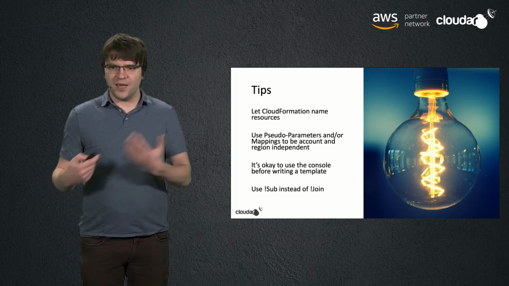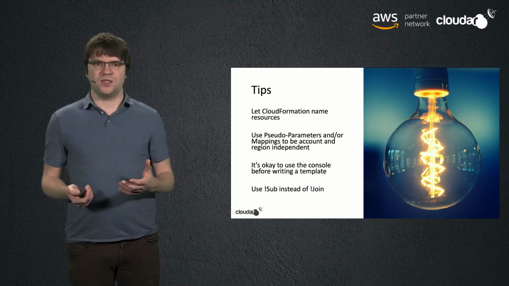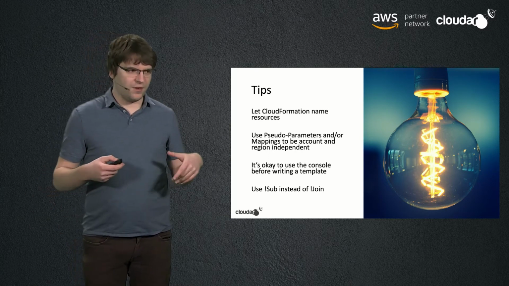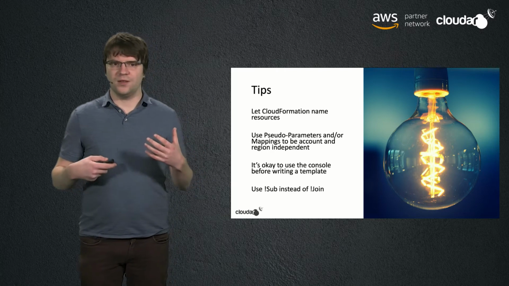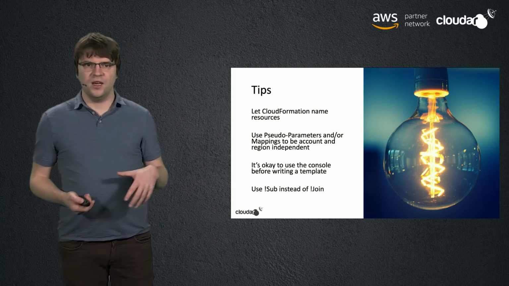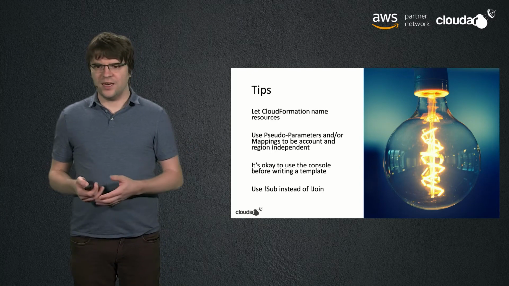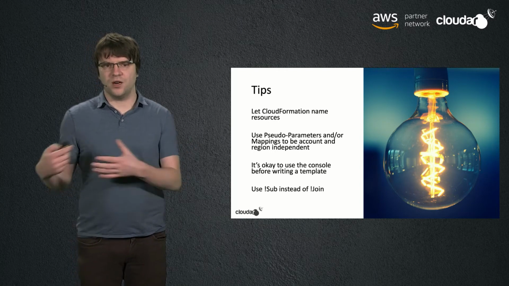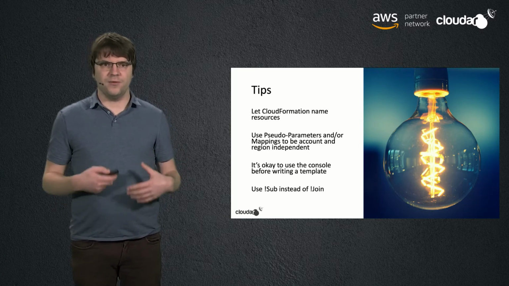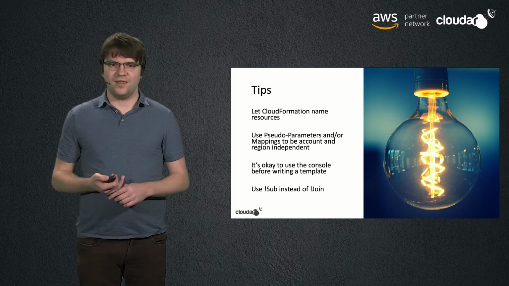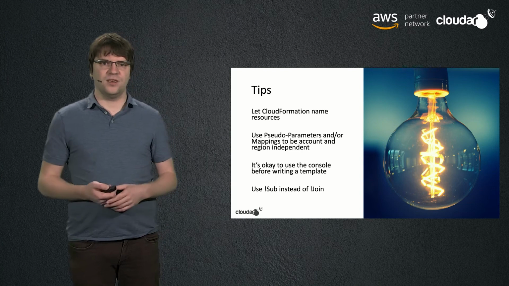If you don't pick names, then you don't run into those problems. And similarly, if you're trying to deploy things in multiple accounts and multiple regions, you can use CloudFormation pseudo parameters, which will allow you to get some of the values that you normally would hard code, or that will be dependent on where you are running, from CloudFormation itself without having to put it in your templates.